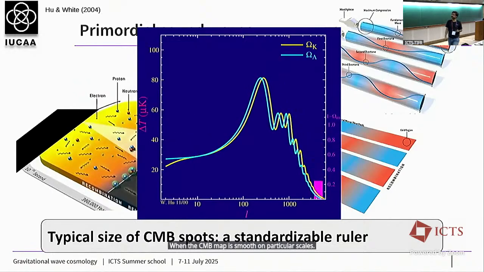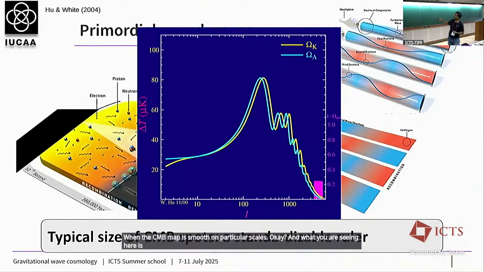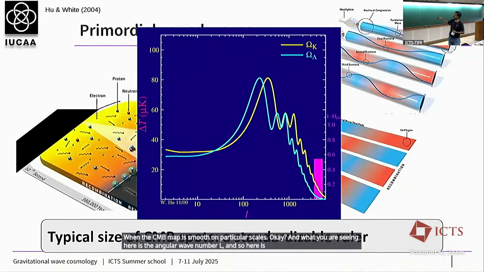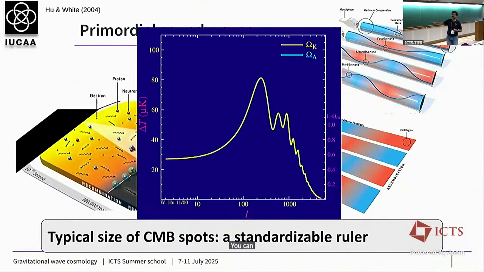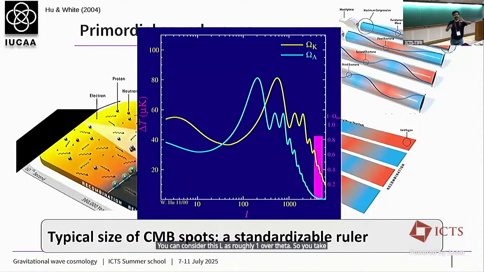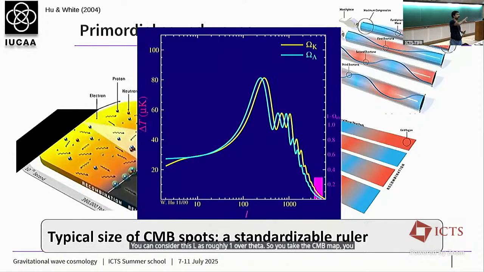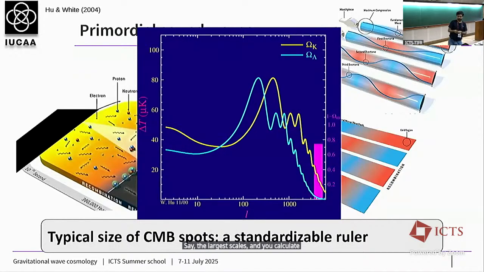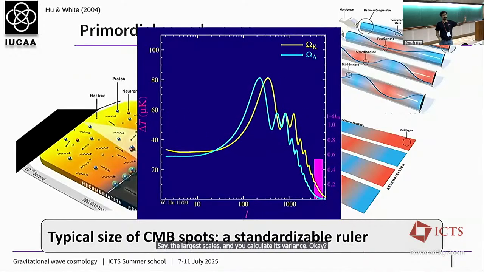Okay. And what you are seeing here is the angular wave number L. So here is large scales, here is small scales. You can consider this L as roughly 1 over theta. So you take the CMB map, you smooth it out on, say, the largest scales, and you calculate its variance. Okay. You understand what the variance is, right?